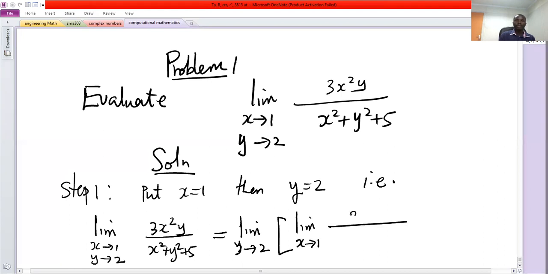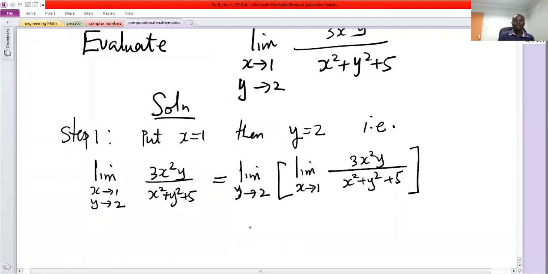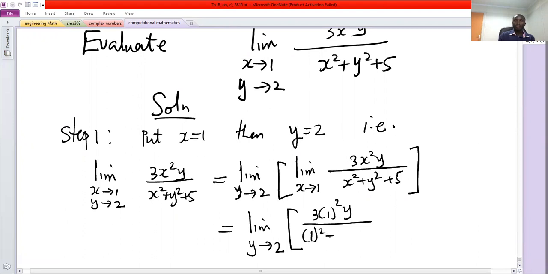The function is 3x squared y over x squared plus y squared plus 5. So by direct substitution, this will give us limit y approaching 2 of, where x is put 1, 3 times 1 squared y over 1 squared plus y squared plus 5.